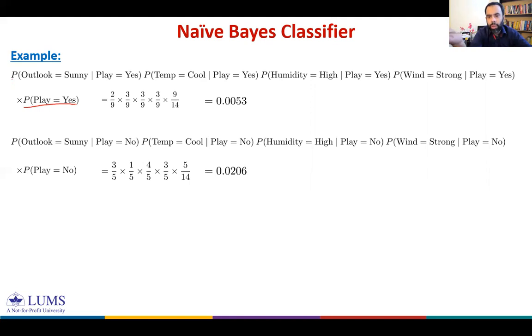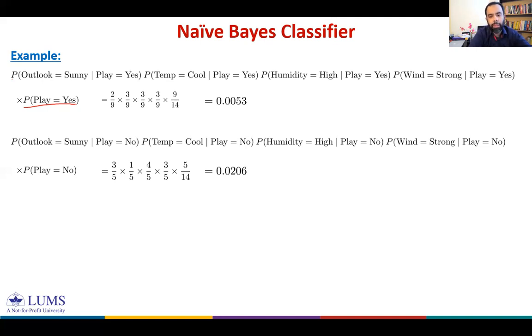We don't need to compute the denominator, and also the denominator does not depend on play is equal to yes or play is equal to no. It's independent of the hypothesis we want to make. Okay. Given this, we can make a decision that play is equal to no is more likely, because 0.0206 is greater than 0.0053.